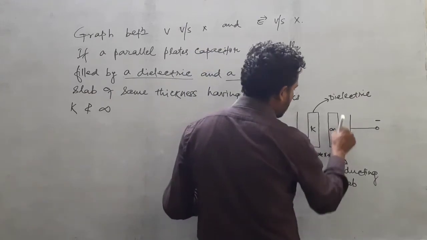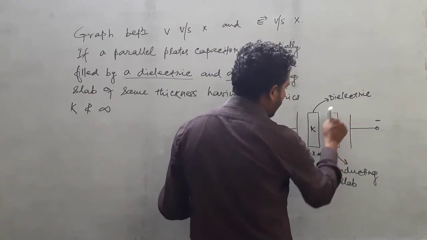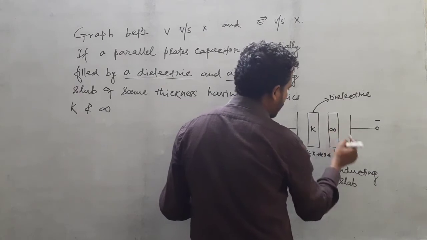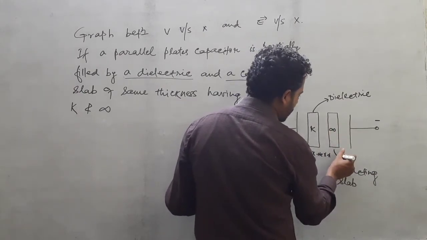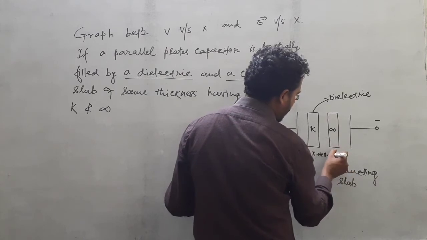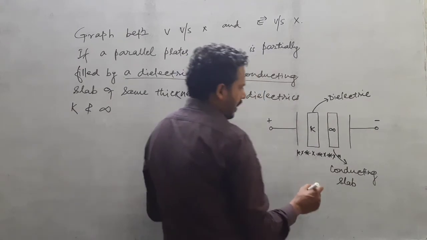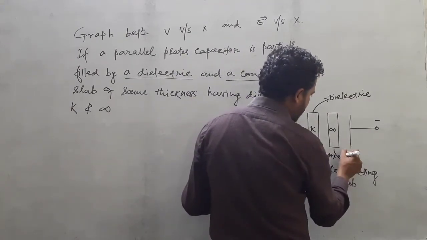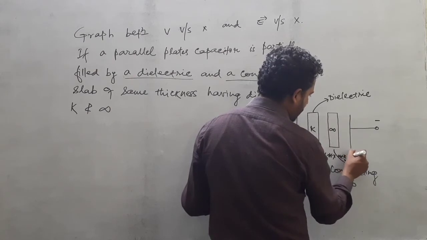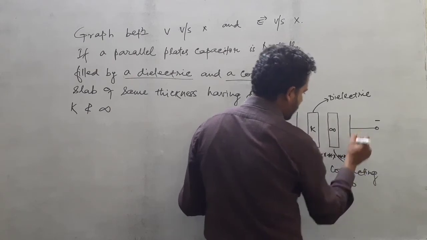Now this conducting slab, having dielectric constant infinite, has the same thickness x, and the last free space has the same thickness x.